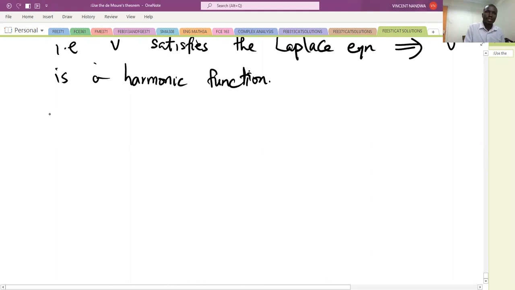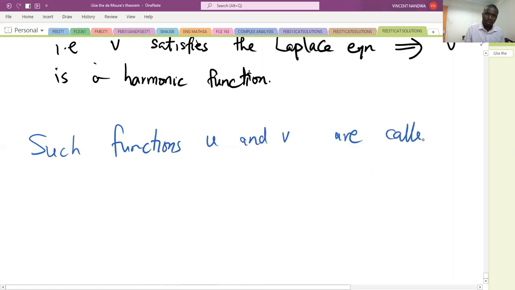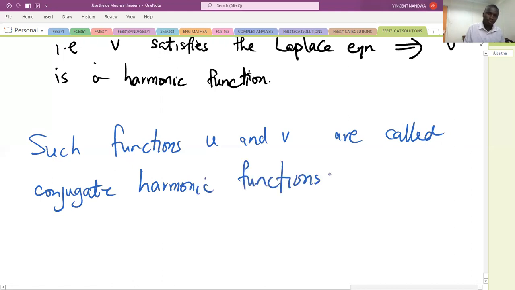And just in summary, such functions u and v are called conjugate harmonic functions if u plus iv is also an analytic function.